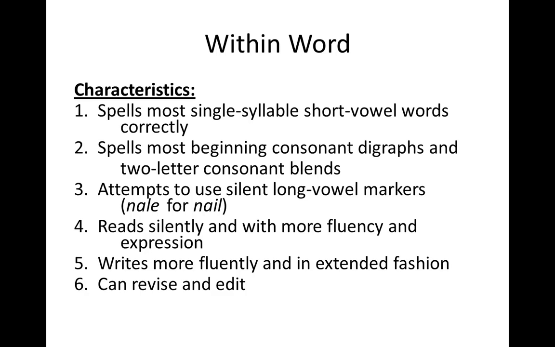As they move to those patterns, vowel patterns start to iron themselves out. With regard to reading, this is where children are starting to read silently, more fluently, with more expression, and reading for pleasure. With regard to writing, they're also able to revise and edit.